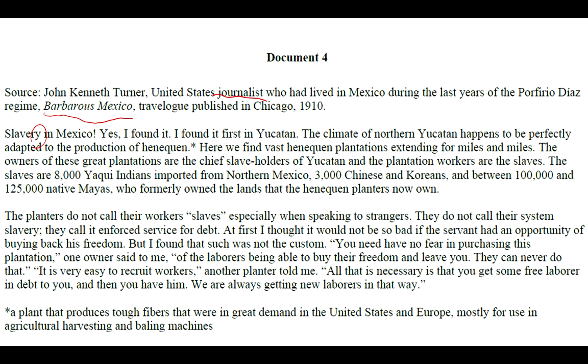Sorry if you can't see that. He's calling it slavery. Now, here's some outside information. Slavery has already been outlawed in Mexico by this time. That's why we had a Texas Revolution in 1836. It was because the Texans wanted to have slaves, and that's why they kind of declared independence from Mexico.